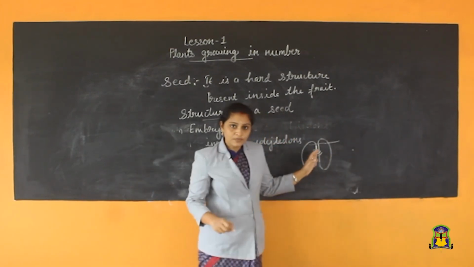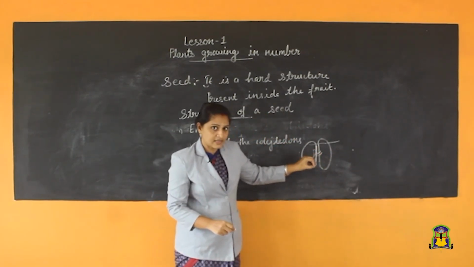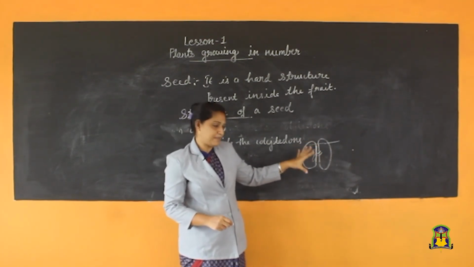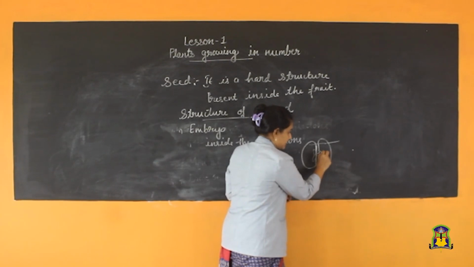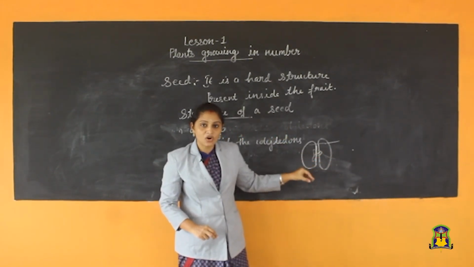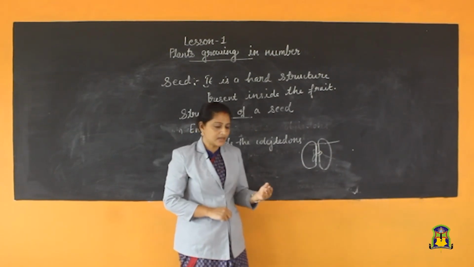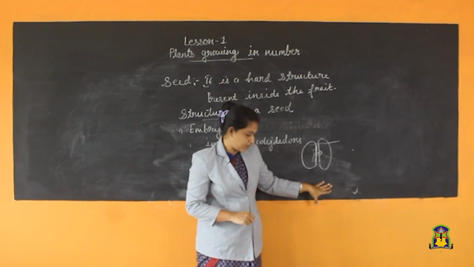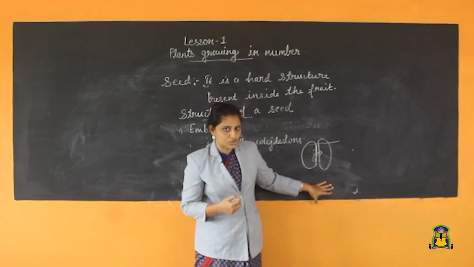And in the embryo, there are two parts. Which are they? Baby root and baby shoot. This region is the baby root or radicle. Later, this radicle will grow into the soil and form tiny roots.